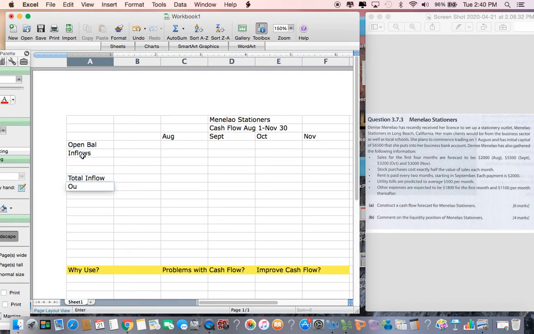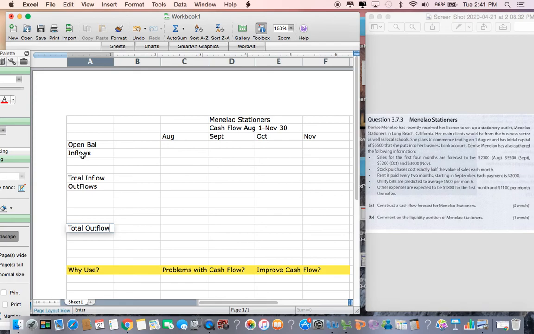Next one, outflows. Leave some space. Then you have total outflow.